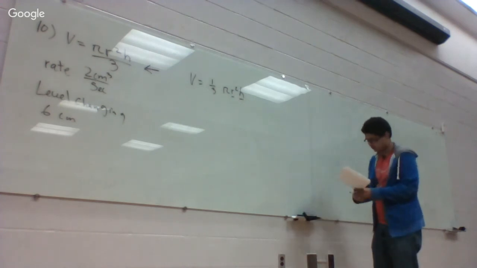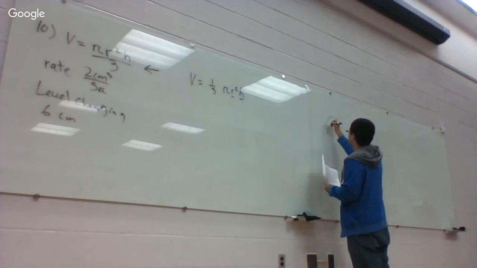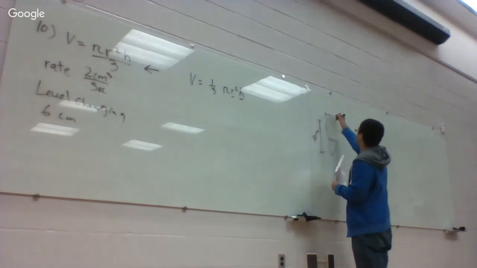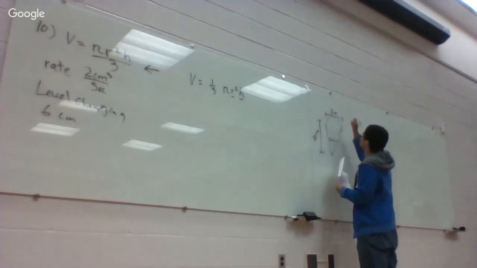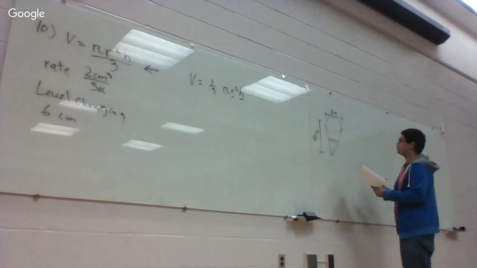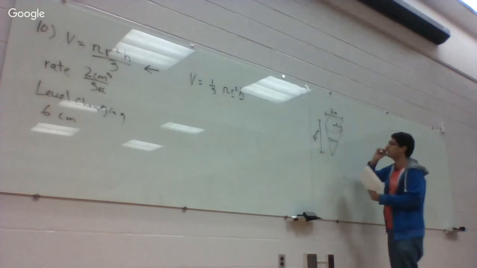So if we were to draw out the actual cone, its height is 10 centimeters, and its diameter is 6 centimeters. We need to relate radius and height.